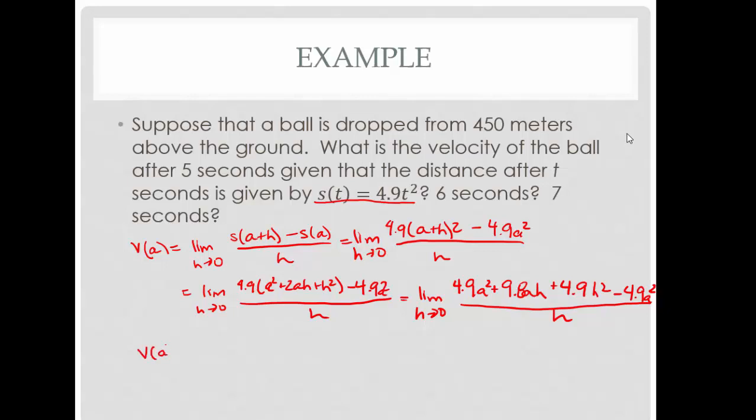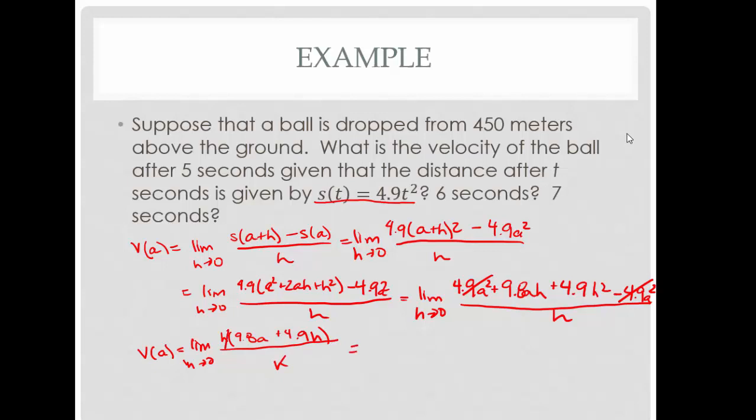So for my instantaneous velocity, notice the 4.9a squareds nicely cancel, and the two terms that are left in my numerator both have an h in common. So we'll have the limit as h approaches 0 of h times (9.8 times a plus 4.9 times h), all over h. Now that it's factored out, we can cancel it.